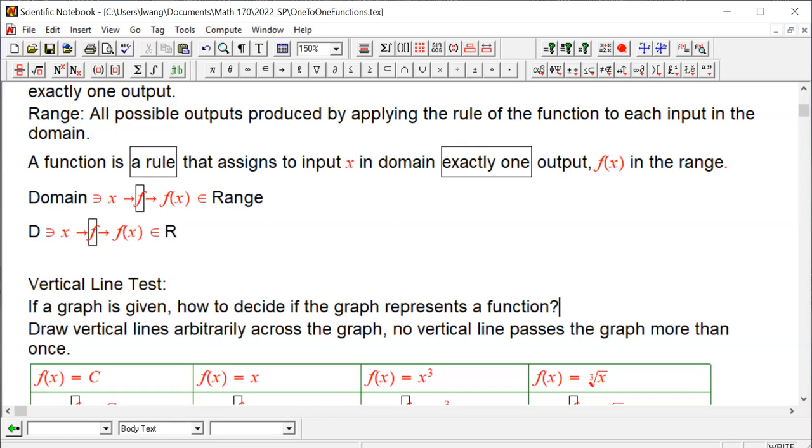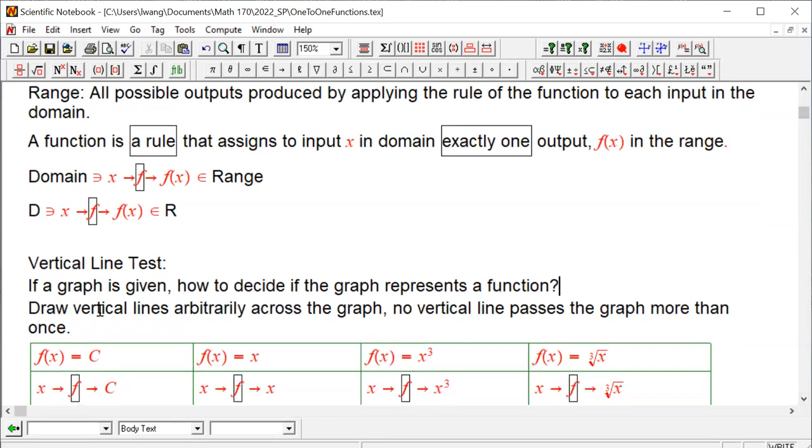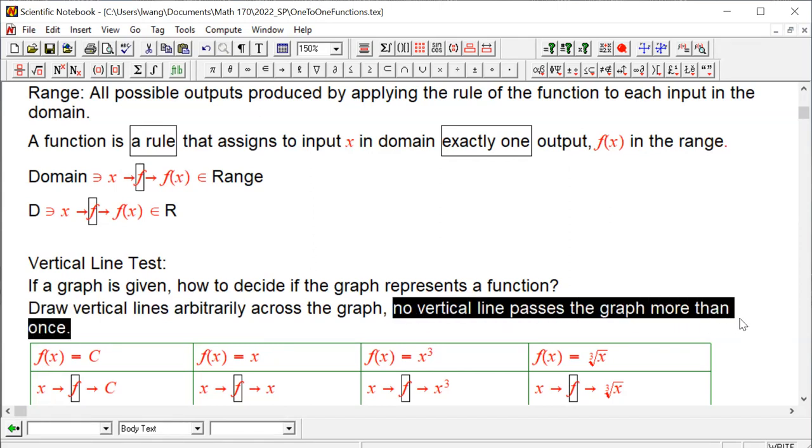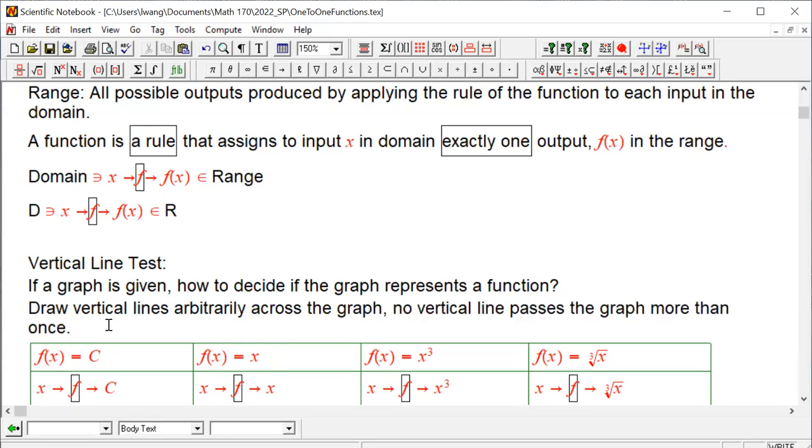The wording for the vertical line test is: we draw vertical lines arbitrarily across the graph. If no vertical line passes through the graph more than once, we say it passes the vertical line test. Otherwise, it doesn't pass the test.